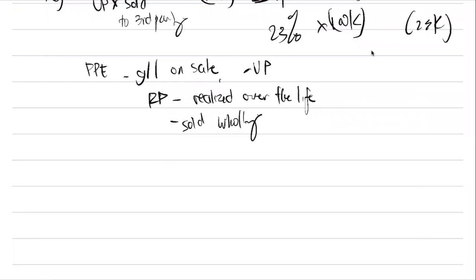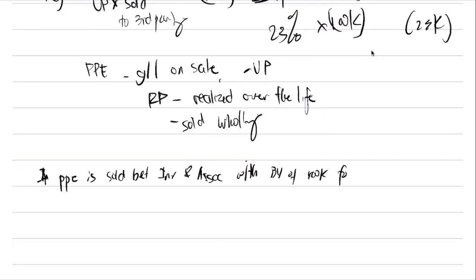So let's say, for example, a property, plant, and equipment is sold between the investor and the associate with book value of 400,000 for 600,000 pesos. The remaining life of the property, plant, and equipment is 10 years.